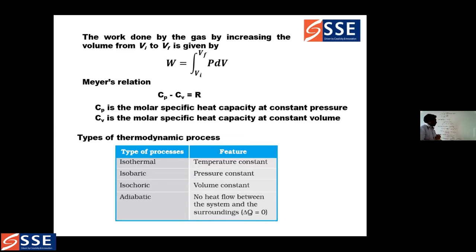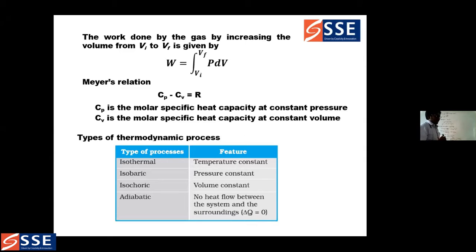Isobaric: bar means pressure, so isobaric means pressure constant. Isochoric means volume constant. Adiabatic means no heat flow between the system and the surroundings, so there won't be any exchange of heat with the surroundings.